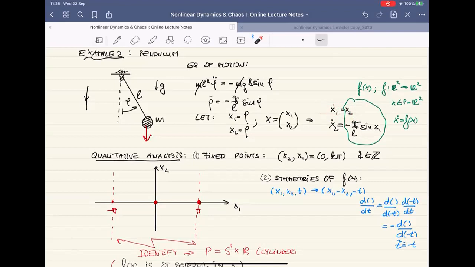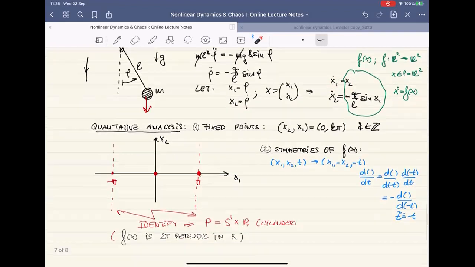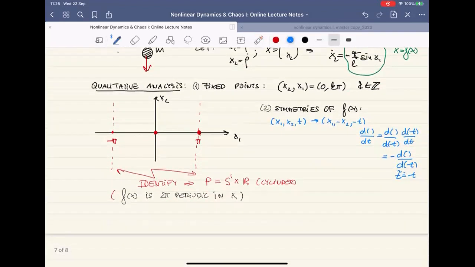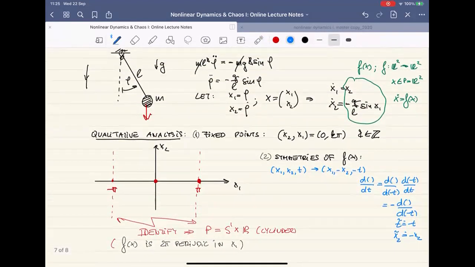And expressing x2 as negative x2, being x2 tilde, I will have a negative x2 tilde, but the two cancel each other out, minus, minus. And I haven't done much to x1, and the two changes here again cancel out, because swapping to x2 tilde brings in a minus, and the change of time brings in a minus, so that cancels out. So I recover the same equation.